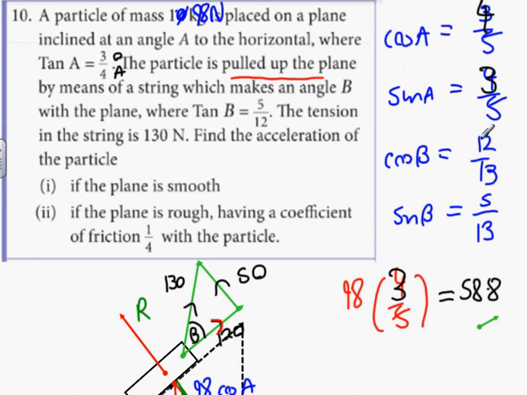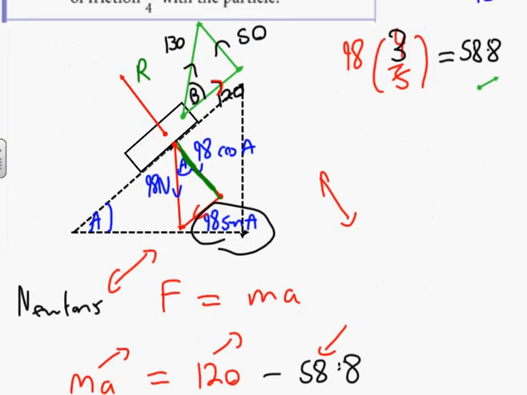Now lads, using what we already know, we're now going to modify this equation to incorporate frictional force. Now first of all, zooming in, where do you think the frictional force should be attached here, lads?